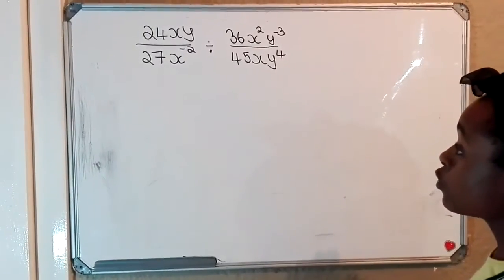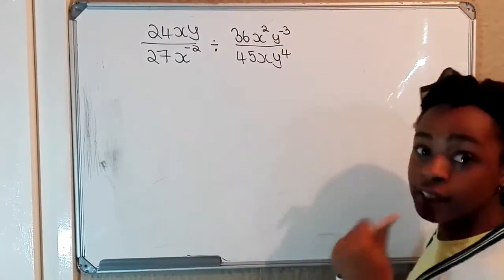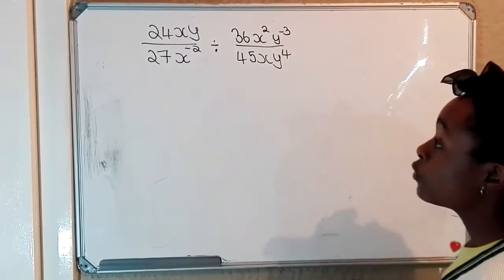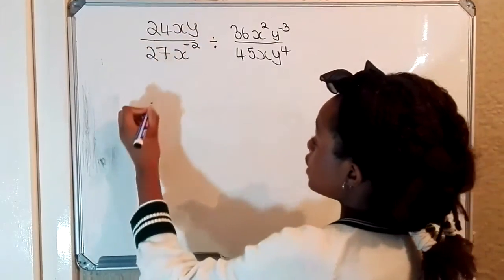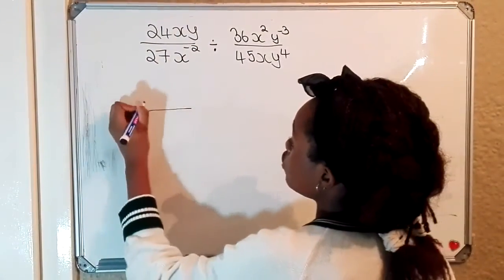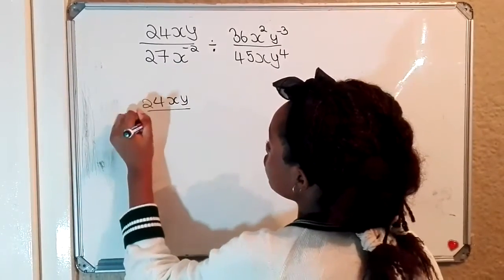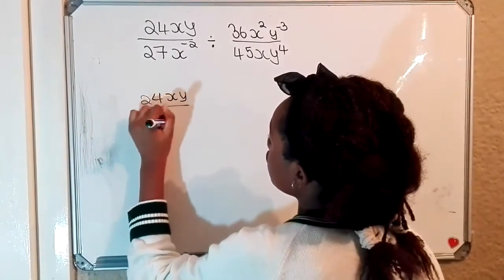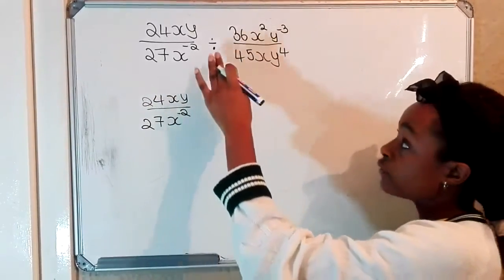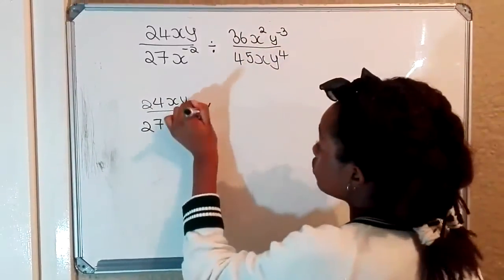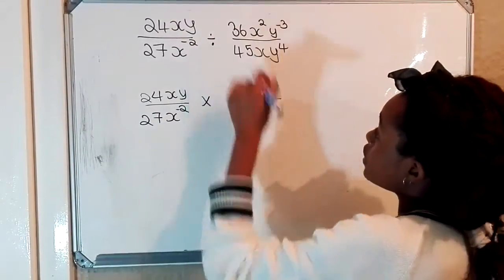Okay, so when you're dividing fractions, we go through this rule called keep, change, and flip, which really means you keep the first fraction, which is 24xy over 27x^-2. You change the sign, so the inverse of division is multiplication, and you switch the second fraction.